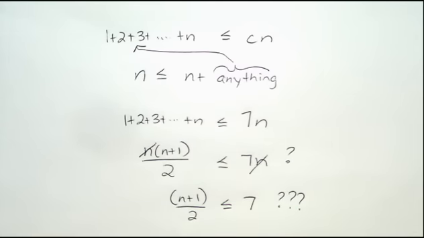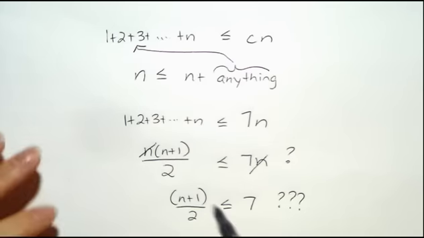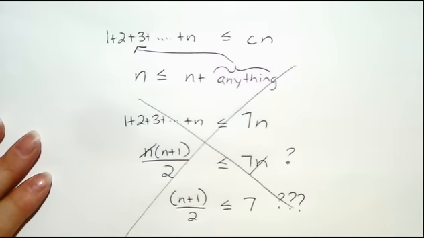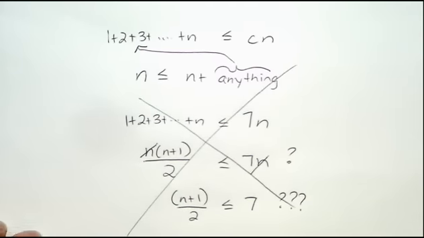That's not going to work, is it? Doesn't matter what number I put over here, this isn't going to work because eventually n will get big enough, right? Because n's allowed to grow however much. So, can't do that.